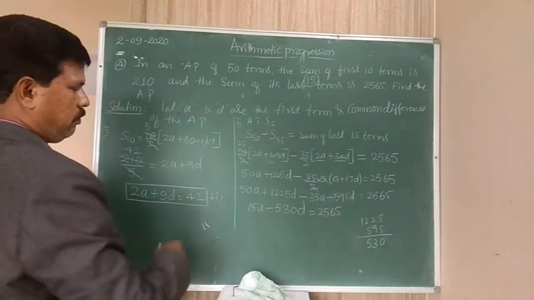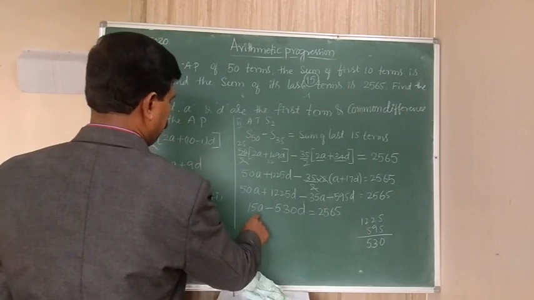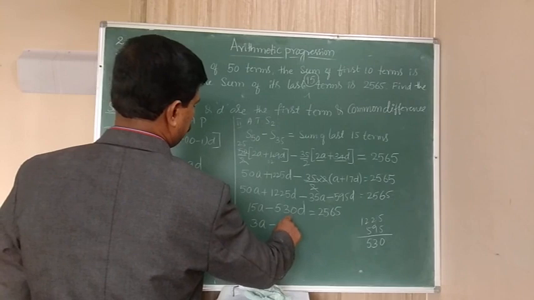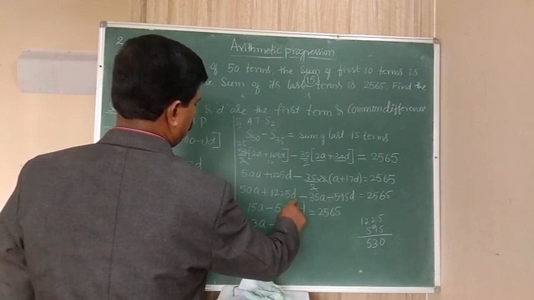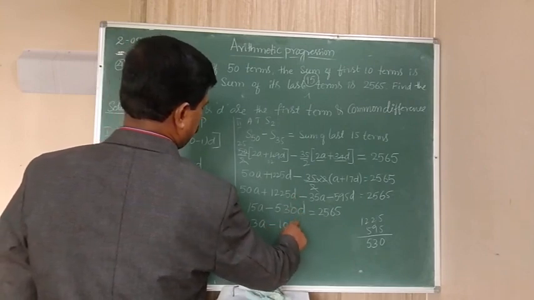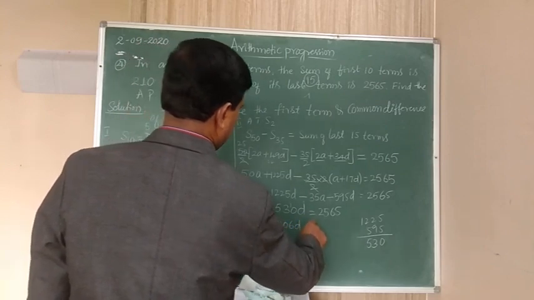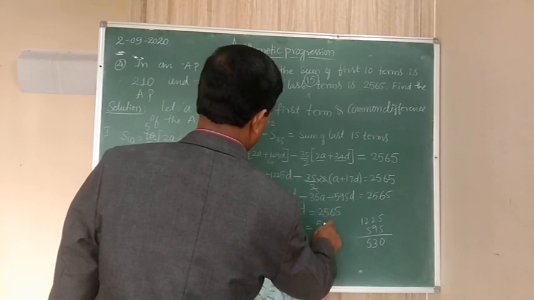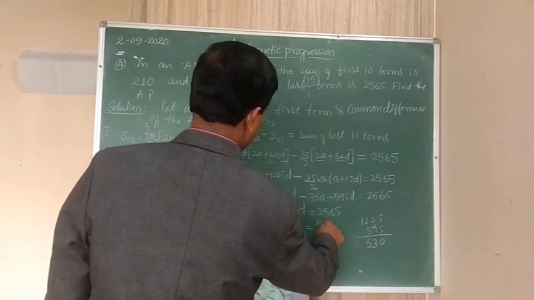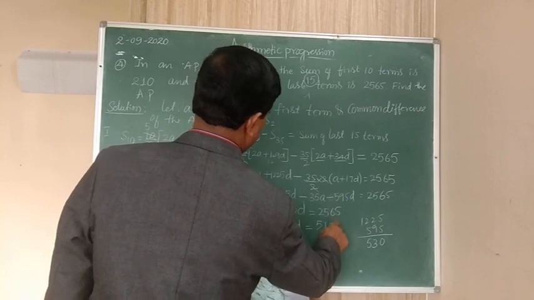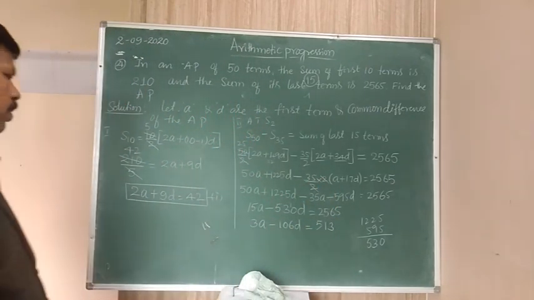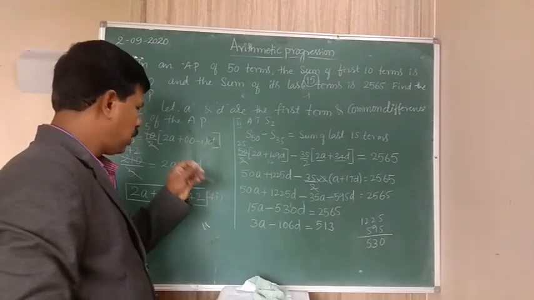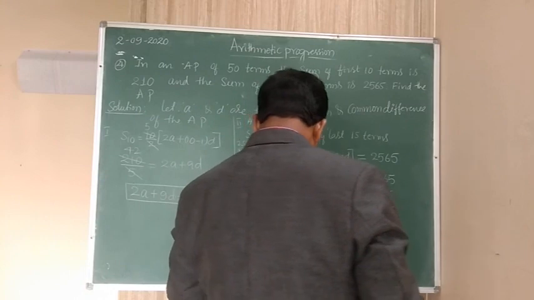Now from the 5 table you can simplify: 5 sixes are 30, 5 fives are 25, 5 ones are 5, 5 threes are 15.